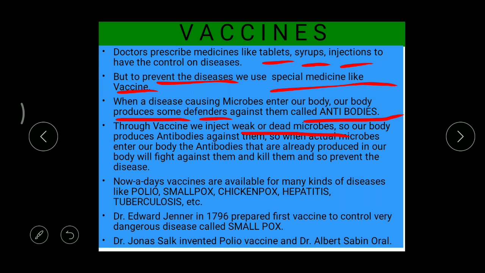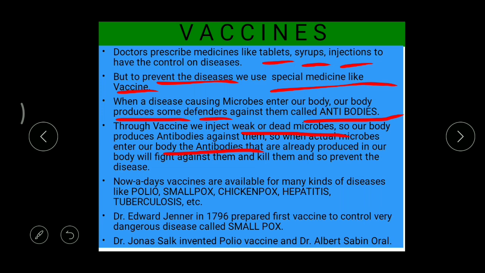But what is the use of this? Means, when we introduce these dead or inactive microbes into our body, then our body thinks that they are active and living, and so our body produces antibodies against them, right?